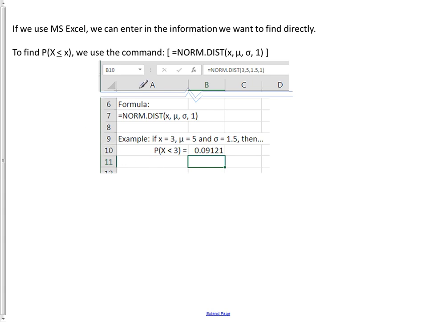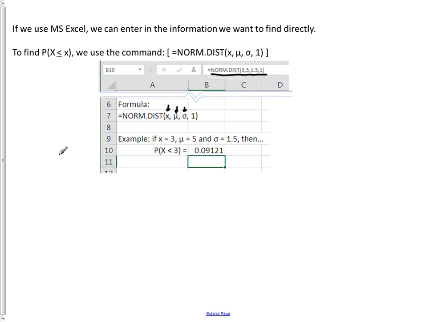The way I enter it in the cell is the normal distribution function: we enter 3 for x, the x value we're interested in, then the mean of our distribution, mu, then the standard deviation, 1.5, and we enter 1 for true.